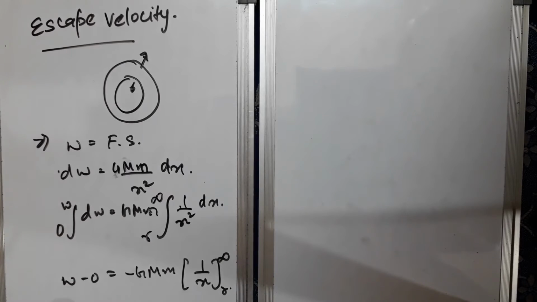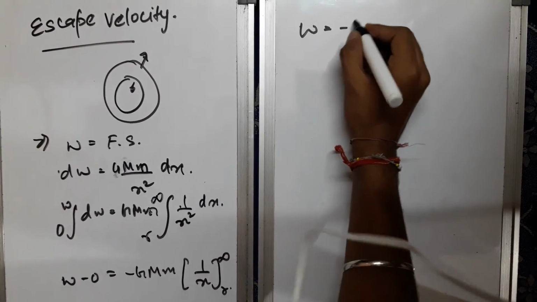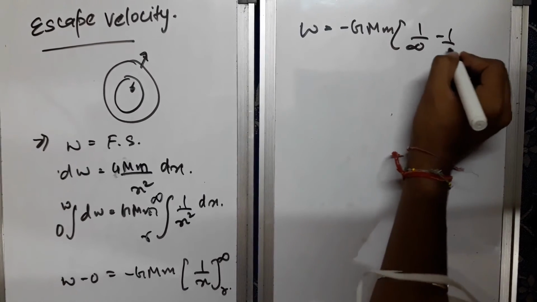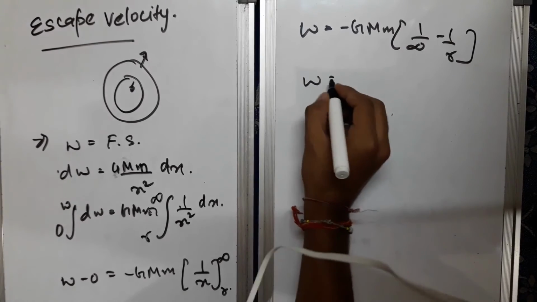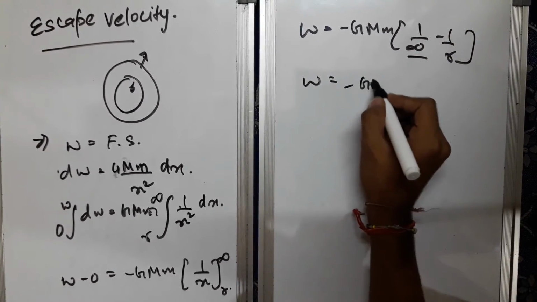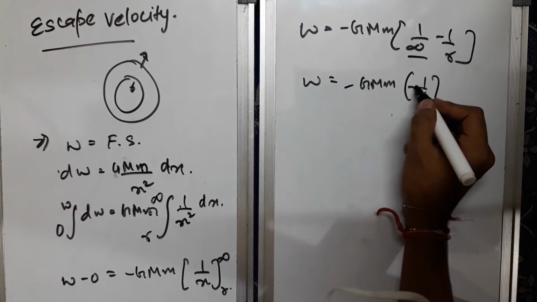So we will get W is equal to minus GMm (1 by infinity minus 1 by r). We will take 1 by infinity as 0, so minus 1 by r, and this minus gets cancelled here.